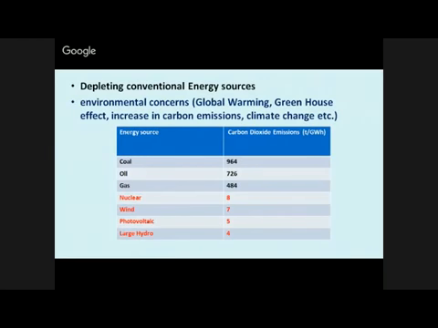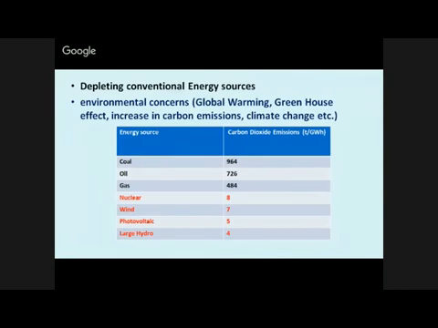Now, since I have to talk about wind energy, let us see how wind energy stands in comparison to other types of resources. Take the total tons of CO2 emissions per gigawatt hour of electricity generation. 1 gigawatt hour is 10 to the power 9 watt hours, a very big unit.